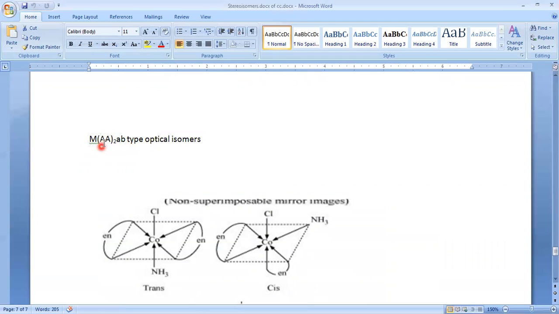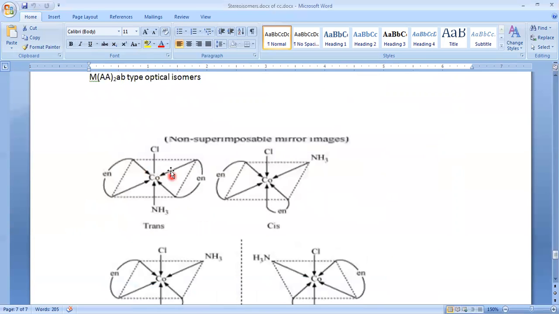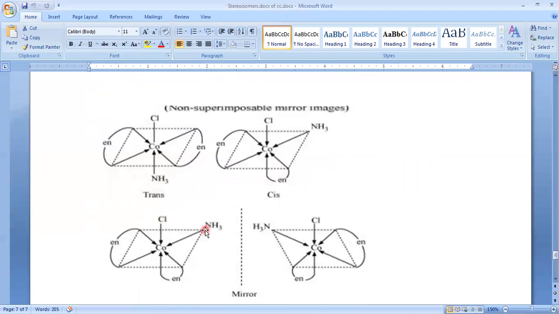Next, come to another example, MAA2 AB. Here also we have two symmetrical bidentate ligands, and the two monodentate ligands are different. So similar to this, it is a trans and optically active. Why? Because of non-superimposable mirror images. This is trans and this is cis.